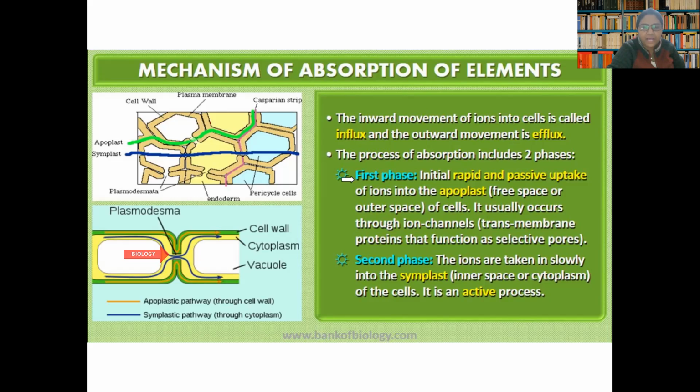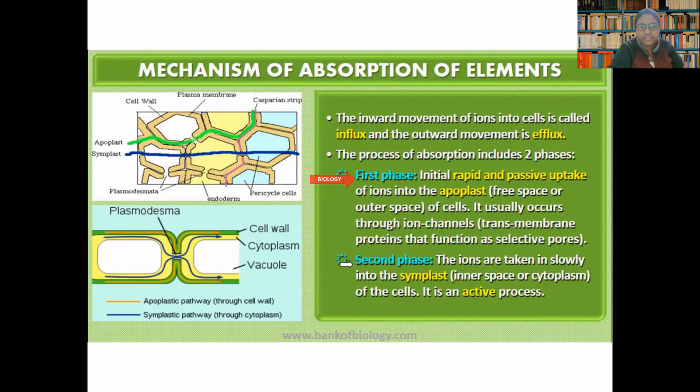So apoplast is movement of ions via cell wall ion channels, and in this process the movement is passive. In this process the movement is faster. Second thing is, in this process the water is never crossing the cell membrane. It is always outside the cytoplasm.